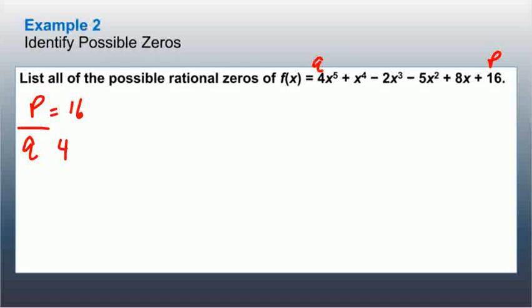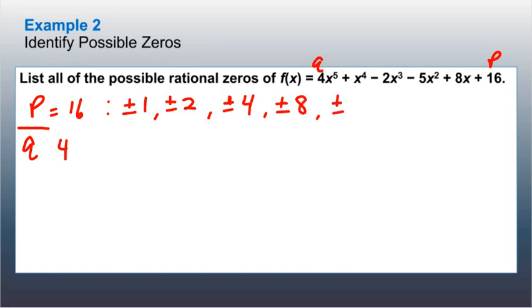All the factors of 16: plus and minus 1, plus and minus 2, plus and minus 4, plus and minus 8, and plus and minus 16. To get 4, we have plus and minus 1, plus and minus 2, and plus and minus 4.